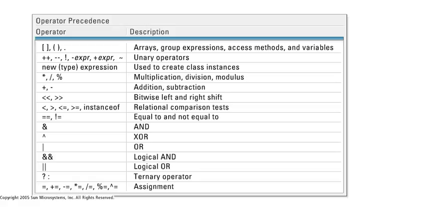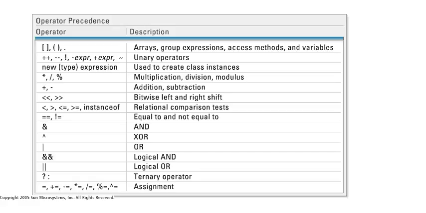We're not going to go over all of the operators in this table, as we'll be seeing most of them in subsequent modules in this course. But this table shows us the precedence that the operations take over one another. So for instance, from this table, we see that multiplication has a higher precedence than addition and subtraction.